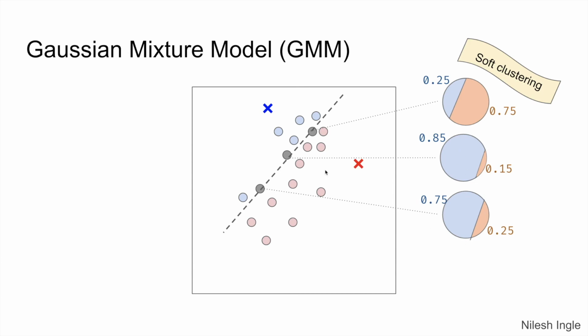So these data points are classified based on the proportions they have. They belong to both of these classes, and the proportion to which they belong to each of those classes is determined by these values that are shown here.